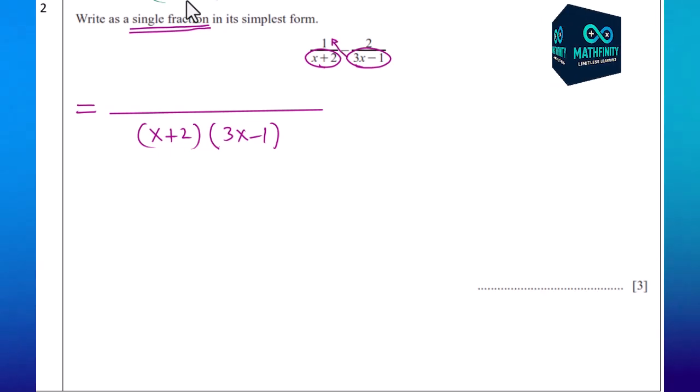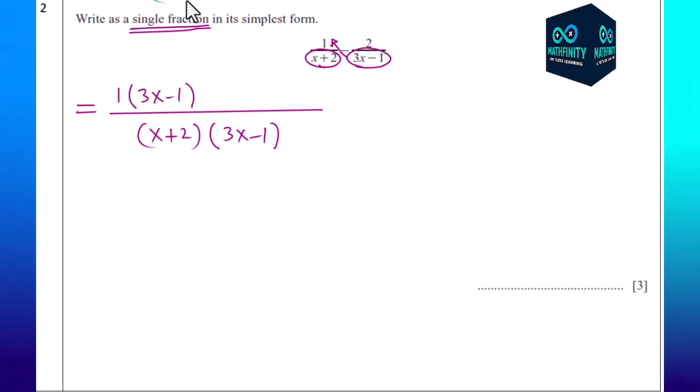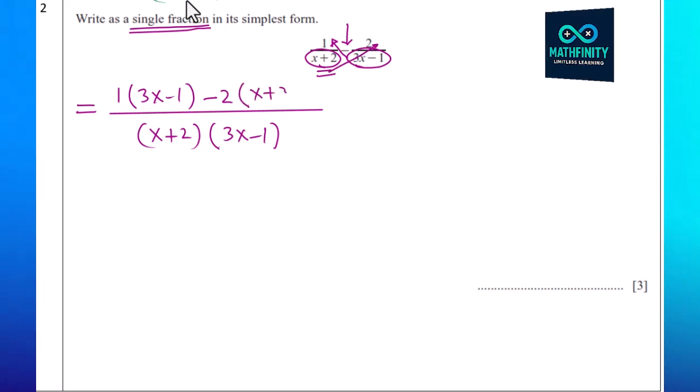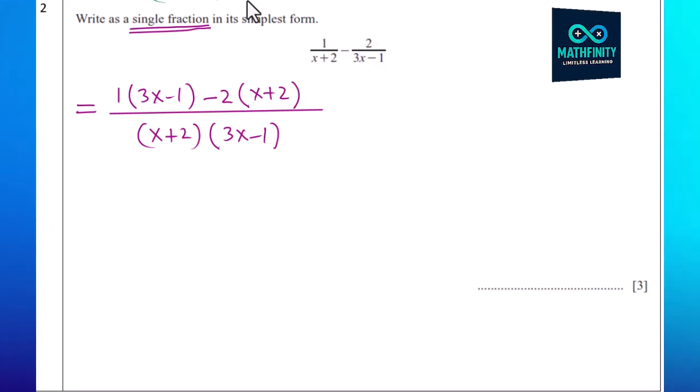This denominator we will shift with 1. We will write here 3x minus 1. And what is the sign between them? Negative 2. So negative 2. And now this fraction, this denominator, we will shift here. So x plus 2. Hopefully, guys, you understand how to multiply and how to do the cross, the first step.